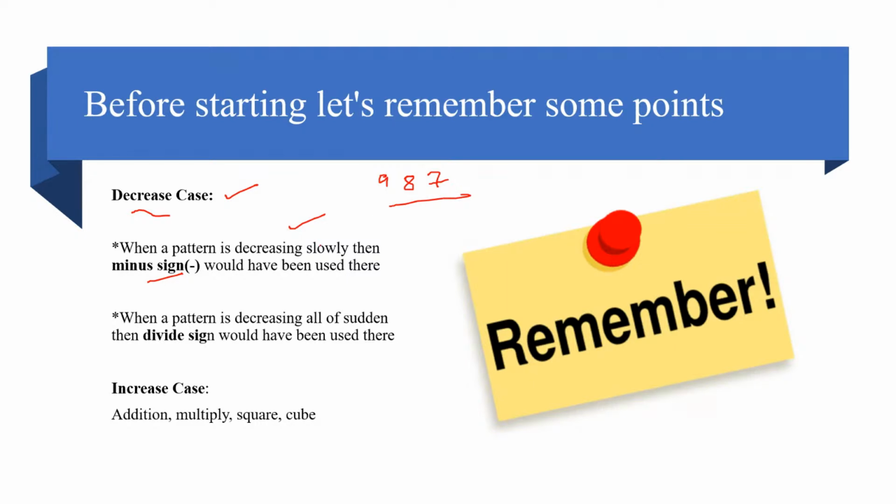And the other case is the increase case. In the increase case, the numbers are increasing, like 1, 2, 8, 10. What is happening here? It is increasing. Here we can also add numbers, multiplication can also be possible, square can also be possible, and cube can also be possible in the increase case, whereas in the decrease case only subtraction and division can be possible.